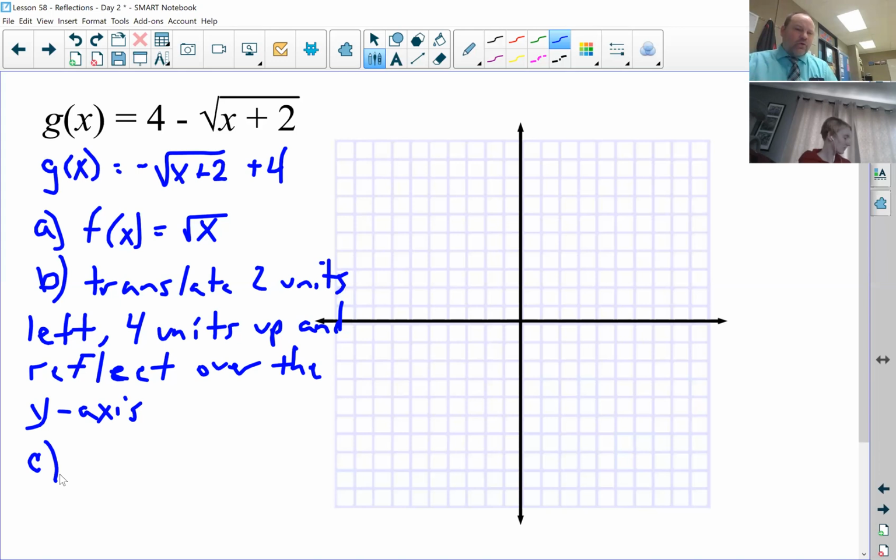So the actual order would be left, and then reflect, and then up. So left 2, reflecting would flip it over, but then up 4.